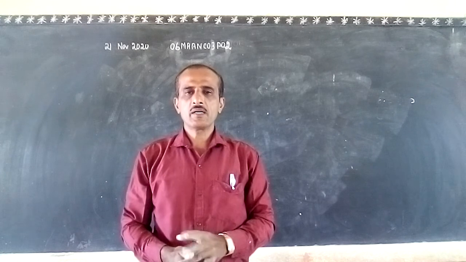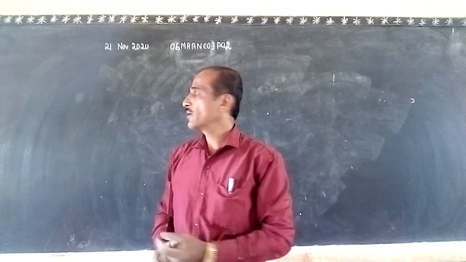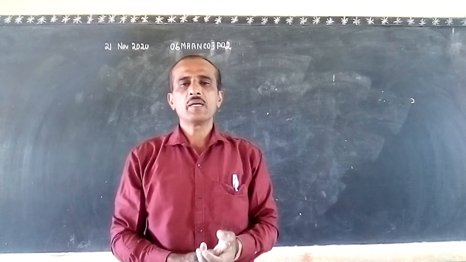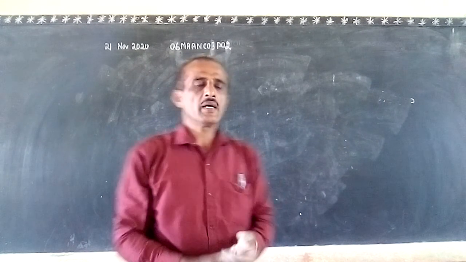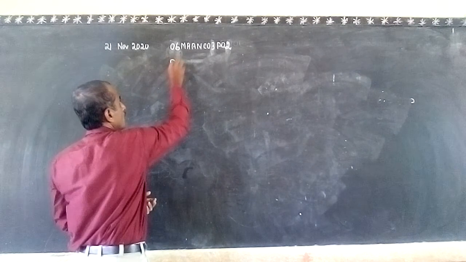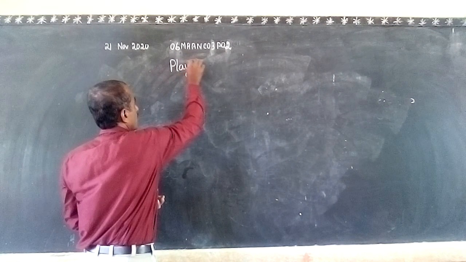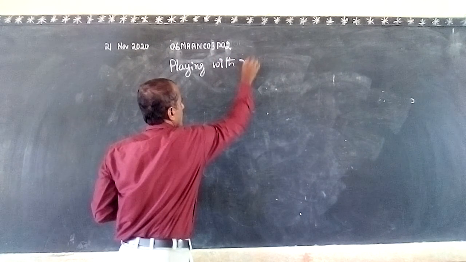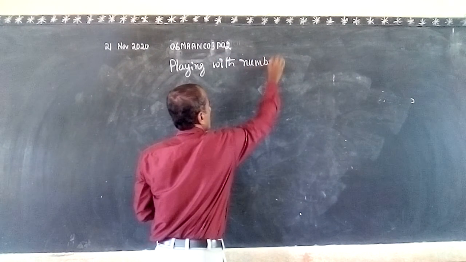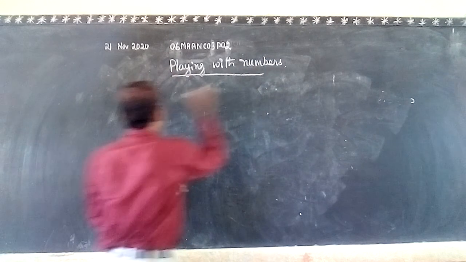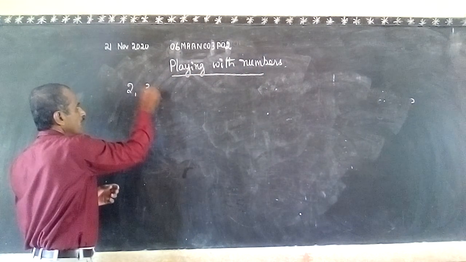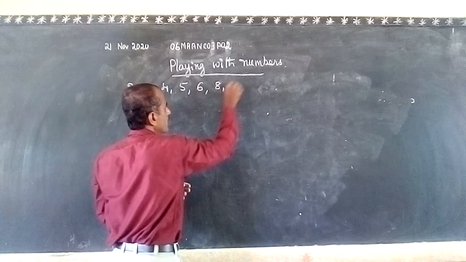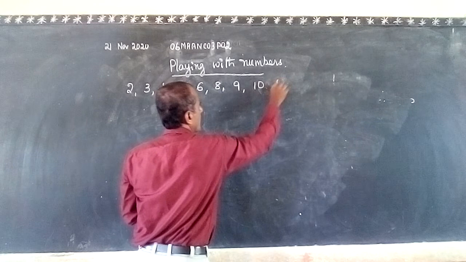Children, in our last videos we have seen something about numbers, playing with numbers. Today we will learn how to recognize a number which is divisible by some digits, say 2, 3, 4, 5, 6, 8, 9, 10, 11.